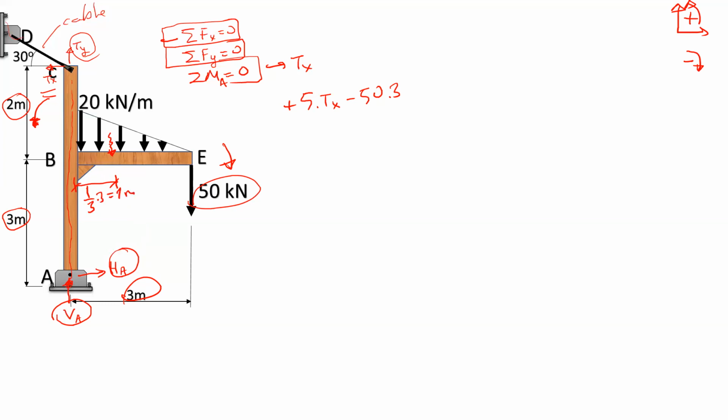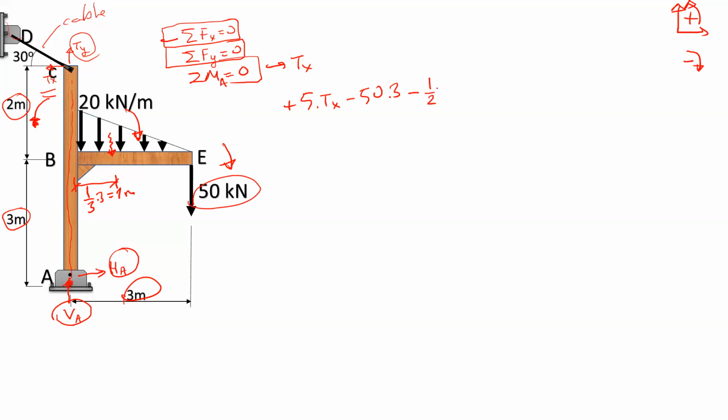So its distance from point A is just 1 meter. Another thing, the triangular load causes a clockwise rotation on the system around point A, of course, so it's a negative moment.